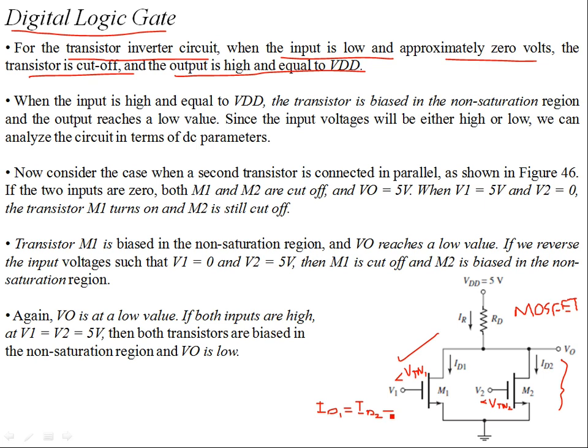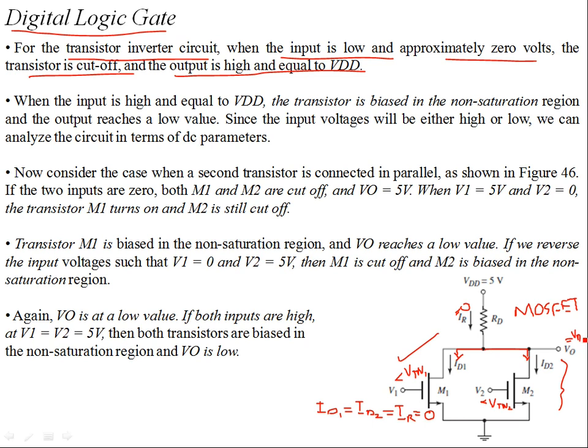So that also implies that your current IR, which is the summation of two currents, since IR bifurcates itself into ID1 and ID2, these all currents are 0. That means the output can be seen from the circuit: when IR is 0, then your output is high, which is equal to VDD or 5 volts.